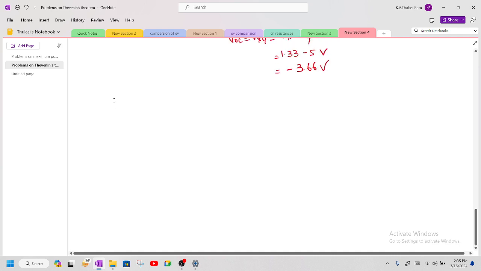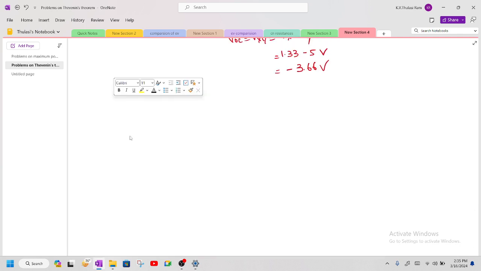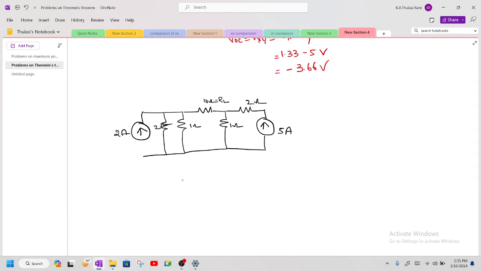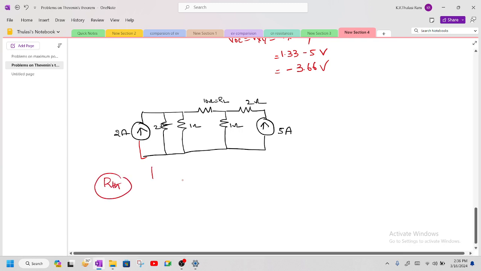So the second step is finding out R internal. So how to find out R internal? You are very clear that finding out R Thevenin is nothing but, you have a current source of 2 amperes. We want to make this current 0.